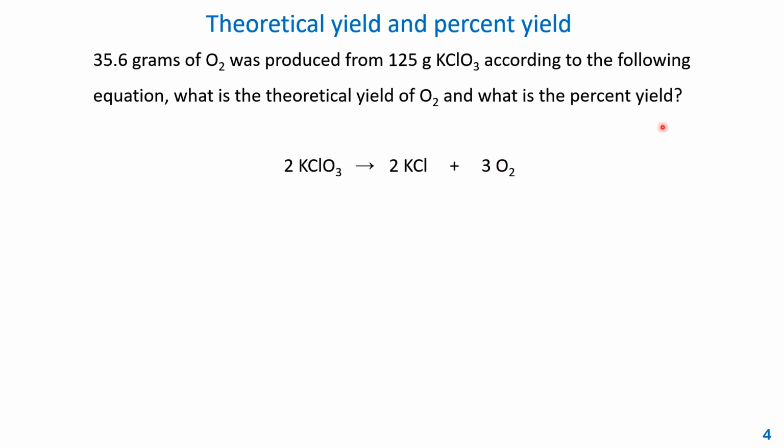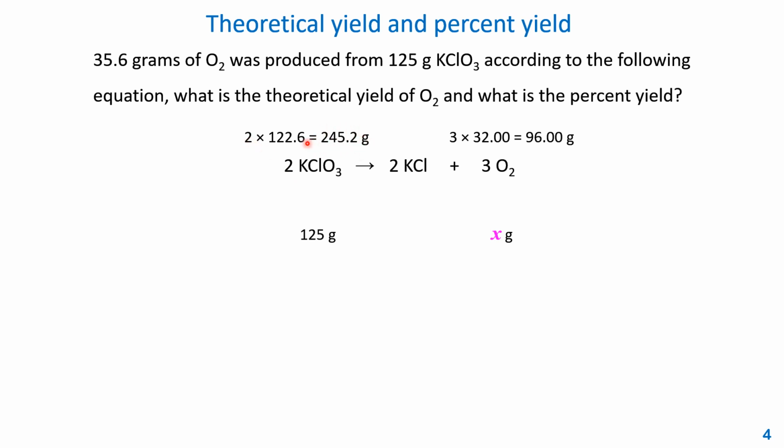Now we can use the proportion way. We have 125 grams of potassium chlorate, and I don't know how many grams of oxygen, but we'll put X here. X grams of oxygen could be produced. Then we need the molar mass of potassium chlorate, which is 122.6, multiplied by the coefficient 2, that is 245.2 grams.